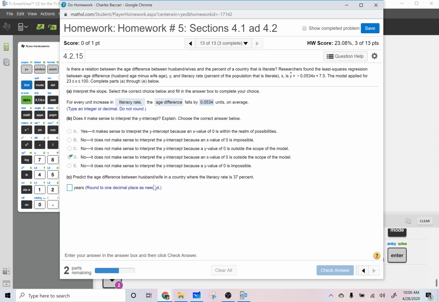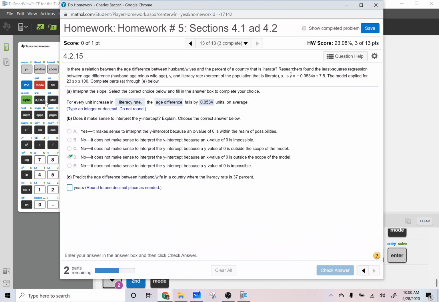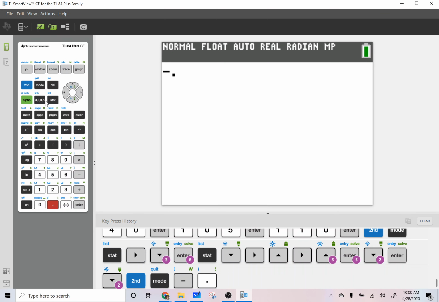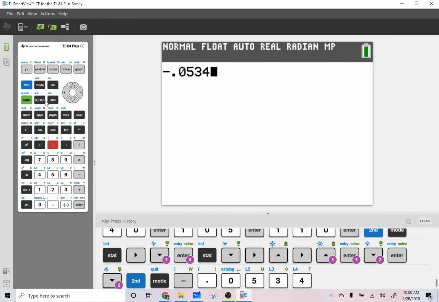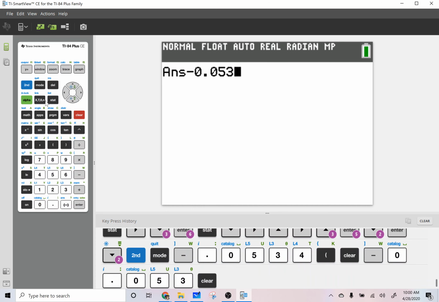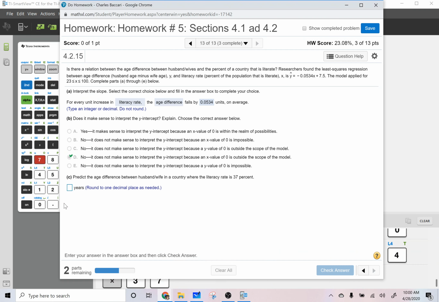Predict the age difference between the husband and wife at 37%. Plug that into this. This is going to be negative 0.0534 times 37, I think it said, plus 7.5.